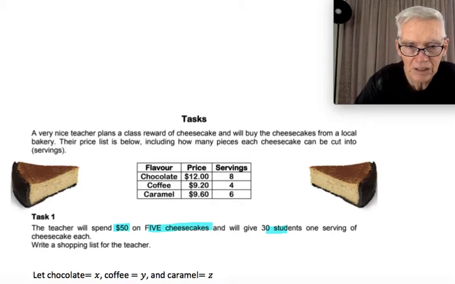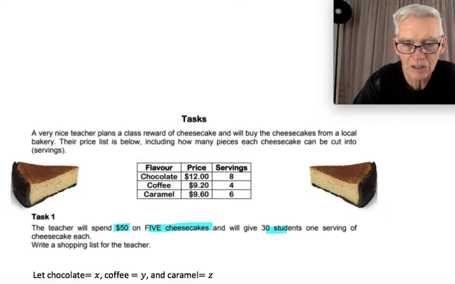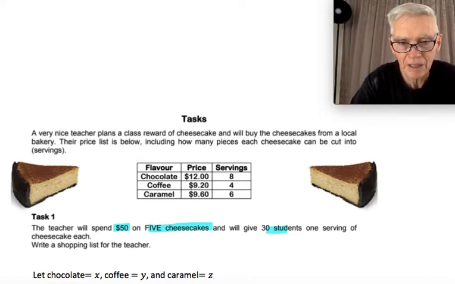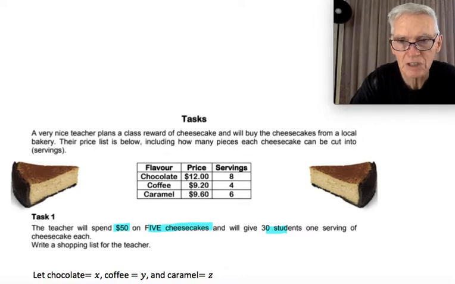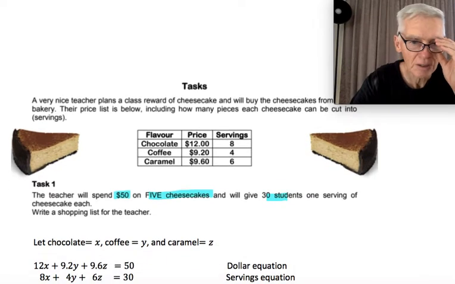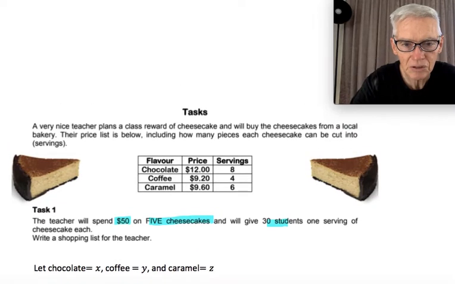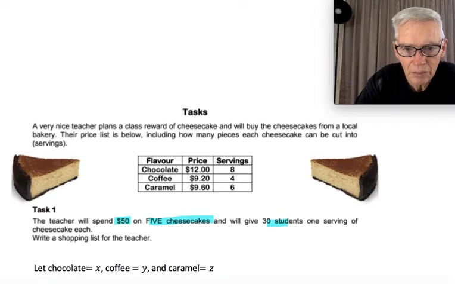So I'm going to let chocolate equal X, coffee Y, and caramel Z. That's an easy way to distinguish, so that when I write my answer, X would be so many chocolate cheesecakes, Y would represent the number of coffee cheesecakes, and so on. First of all, we're going to do the price. So you've got 12x, 9.2y, 9.6z is going to equal the $50 here.